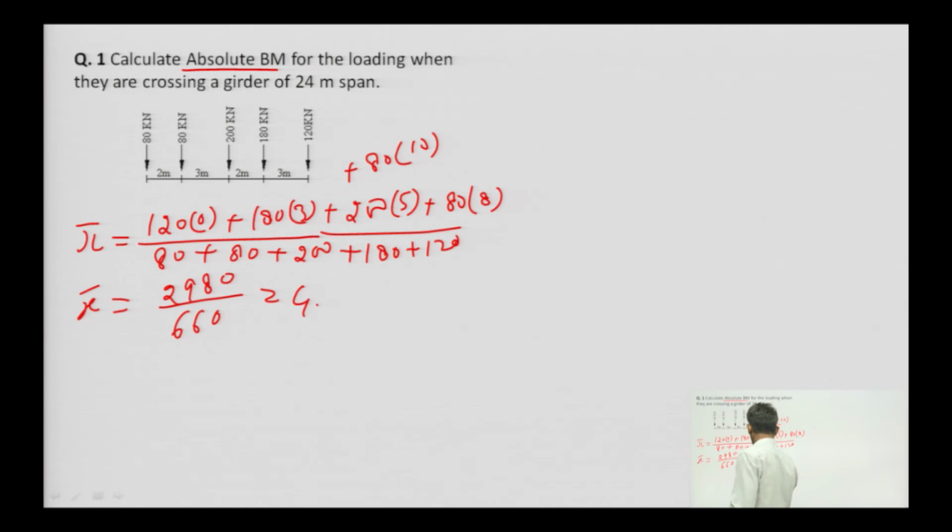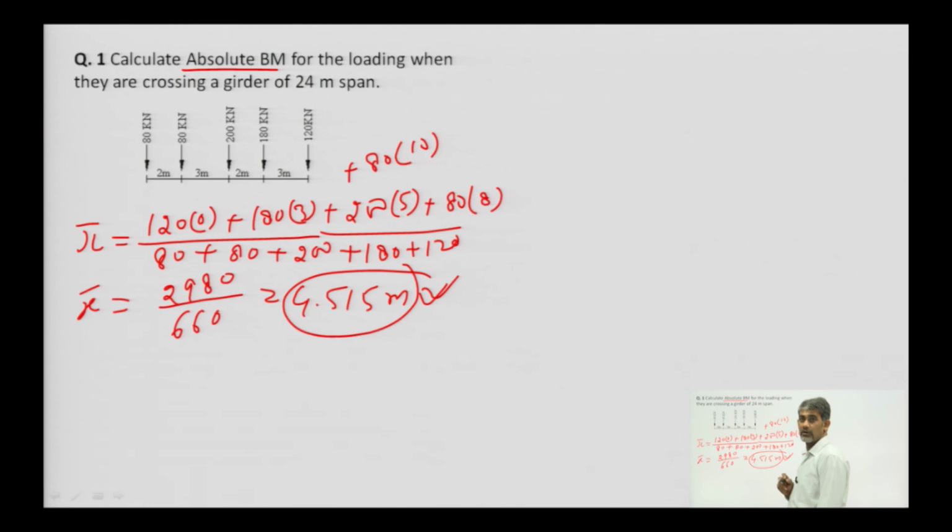It is 4.515 meter. Please check this value. If the calculation is correct, then I am proceeding.